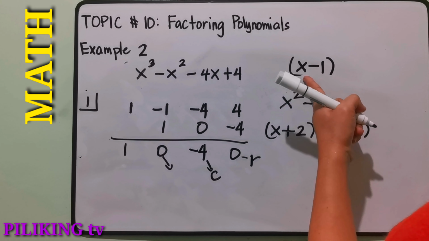Okay, example number 3. What are the factors of x cubed minus 2x squared minus 5x plus 6?